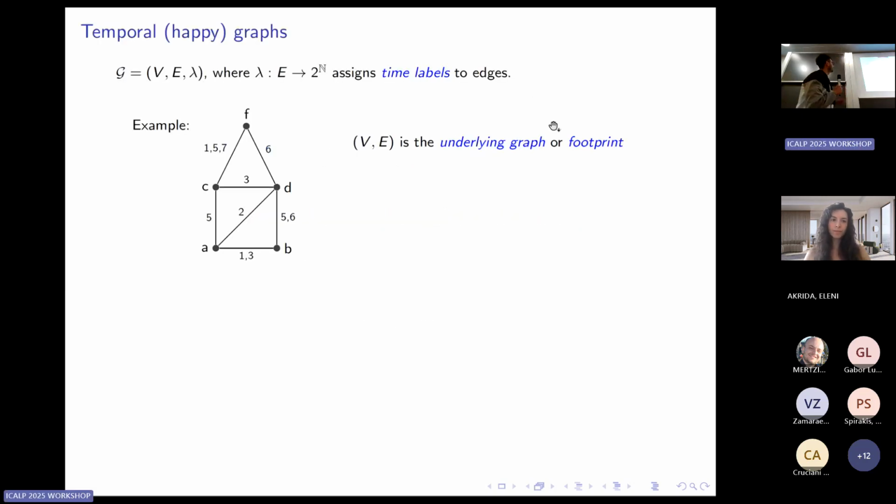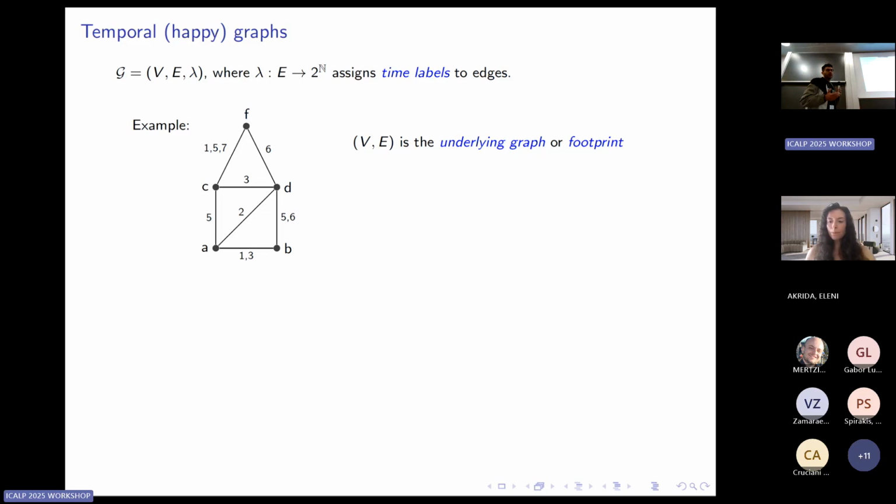Okay, I start from the definition of temporal graph, even though Michelle already covered every version of it. When I speak about temporal graph in this setting, in general, a temporal graph is a graph plus a function that assigns a set of labels to the edges.